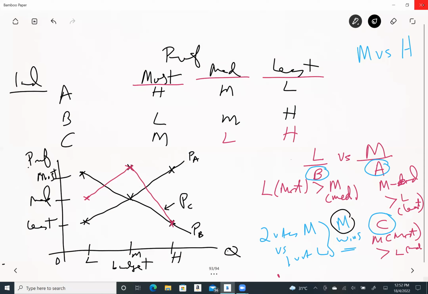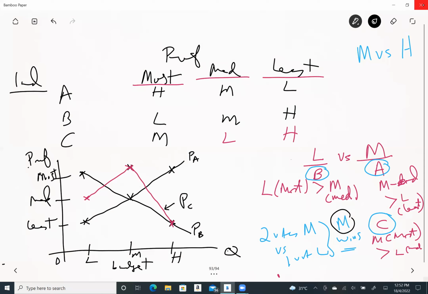Okay, so we change C. All right, so C will have the least preferred M, median preferred L, most preferred H.